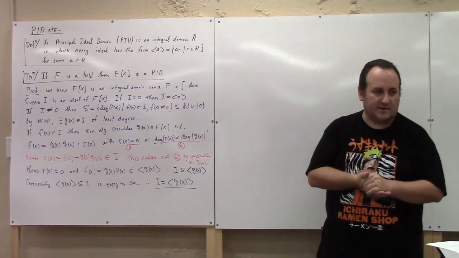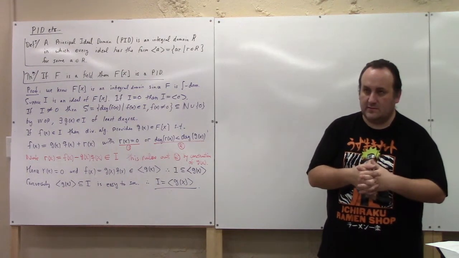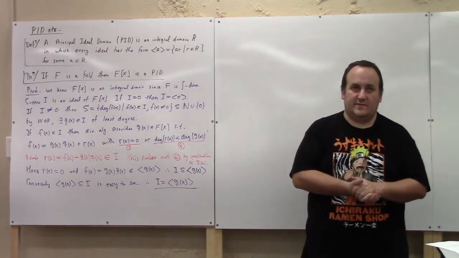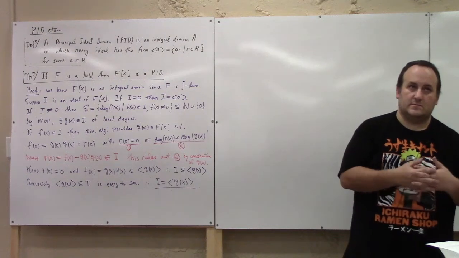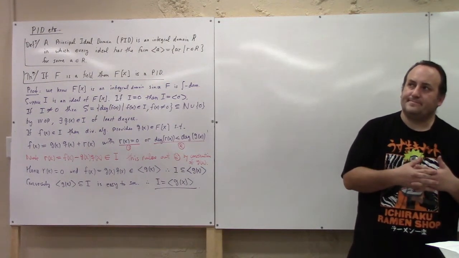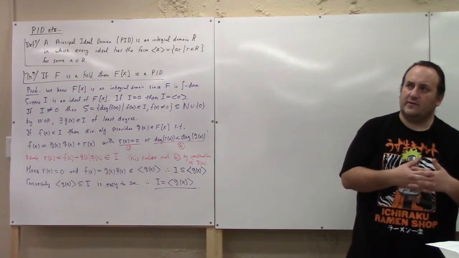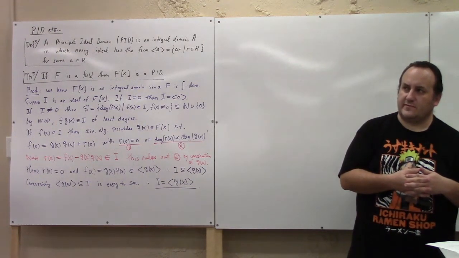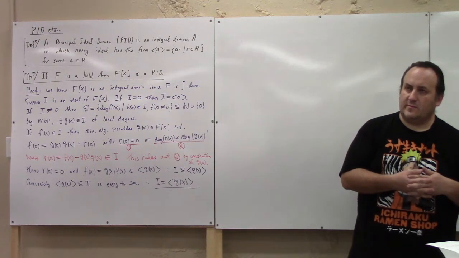I think it does, right? We talked about factor rings. I'm trying to remember. I don't think we insisted in our construction of factor rings that the original ring be an integral domain.